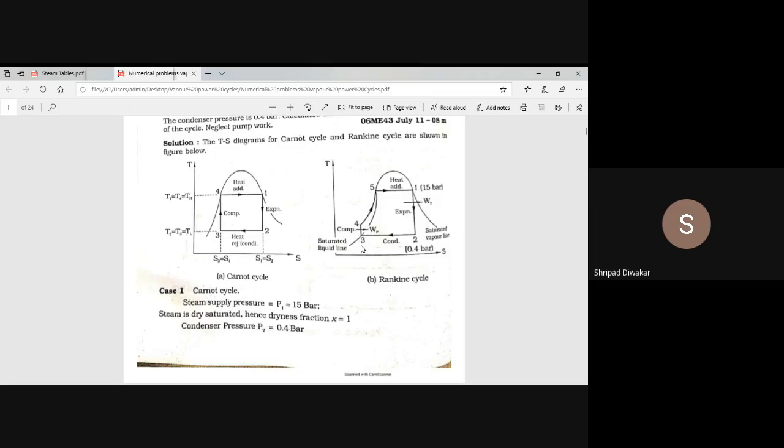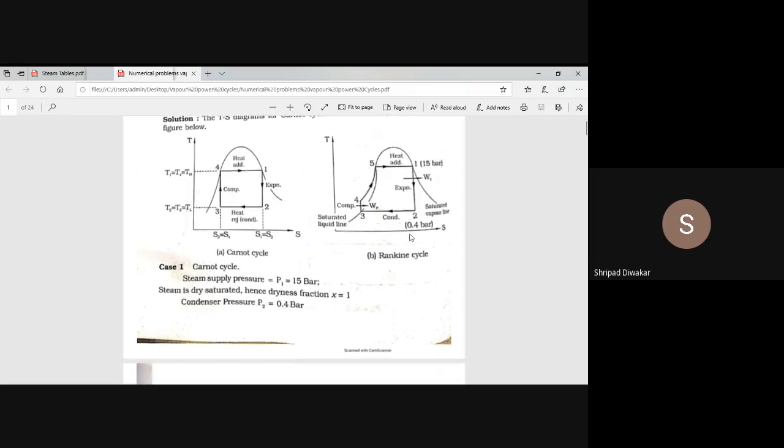Hf2 is sensible heat. So how are we going to find out the sensible heat? From the steam tables, corresponding to a pressure of 0.2 bar. At 0.2 bar, we have the value of hf2 as 317.